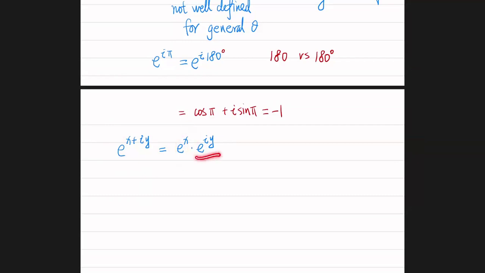This one, Euler's formula. y is a real number. Cosine y is well defined, sine y is well defined. This is a well-defined complex number.